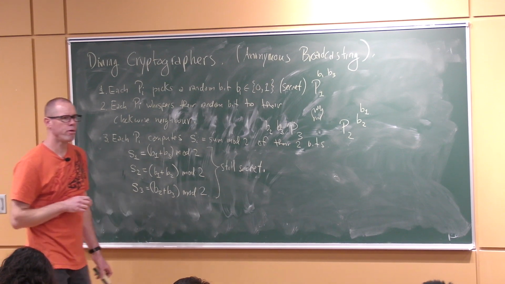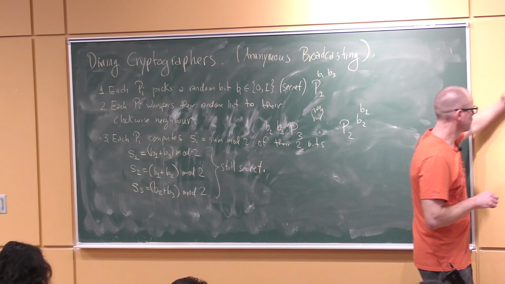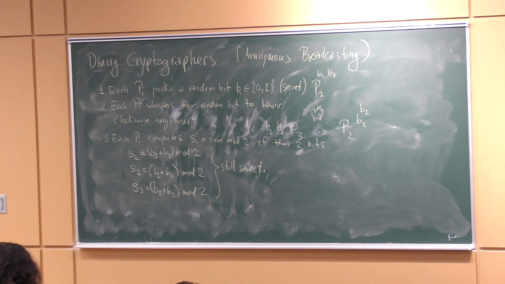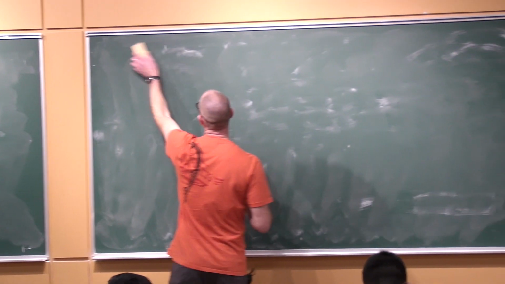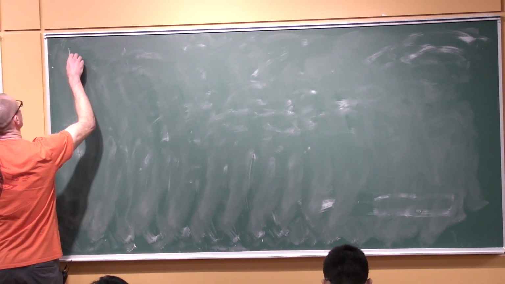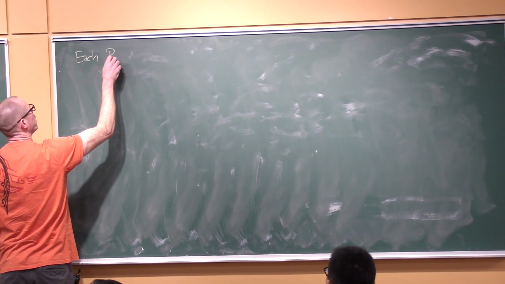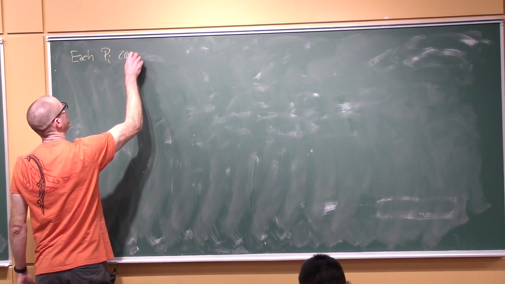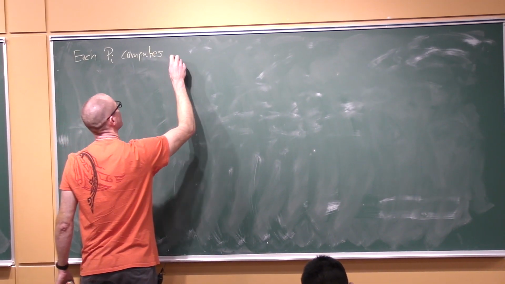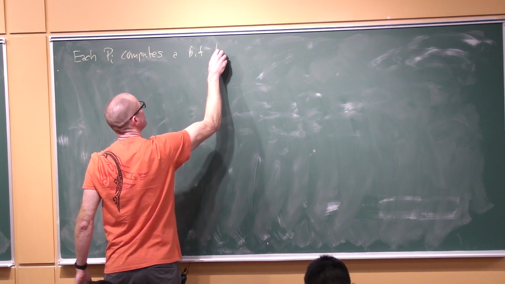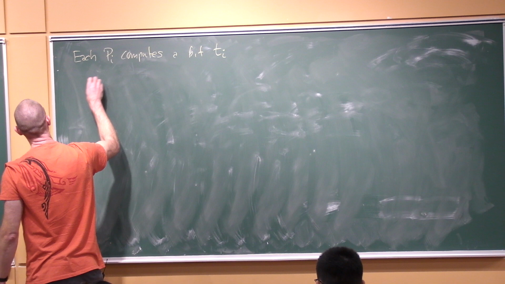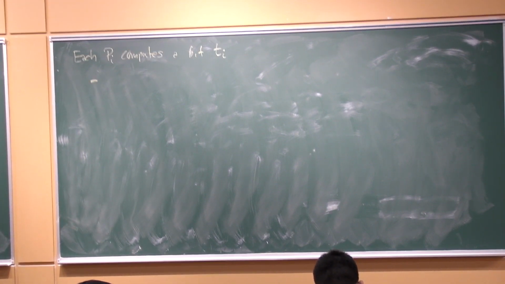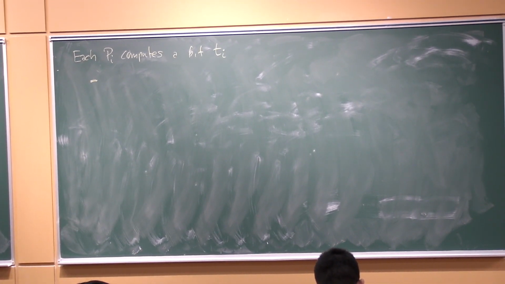And now it's time for the big reveal. Next, each Pi computes a bit Ti, and there's two rules, and that depends on whether Pi is the whiskey drinker or not.